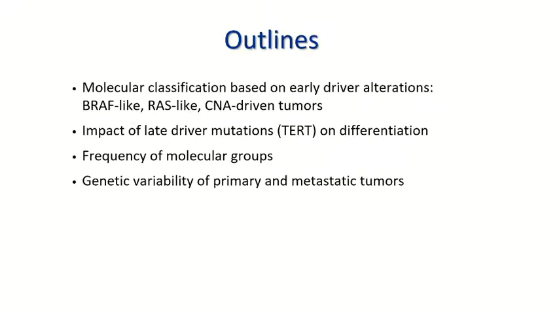Then we talk about how frequently we see molecular signatures that predict sensitivity and, conversely, resistance to radioactive iodine treatment. And I'll finish with some thoughts on genetic variability and whether primary thyroid cancer analysis can substitute for and predict what's happening in metastatic tumor foci.